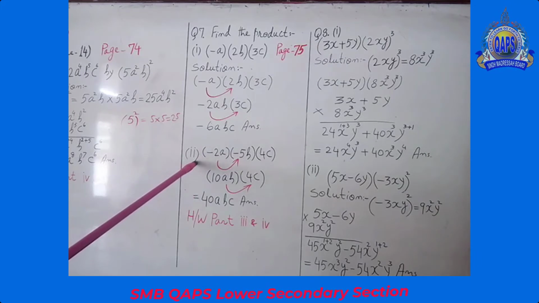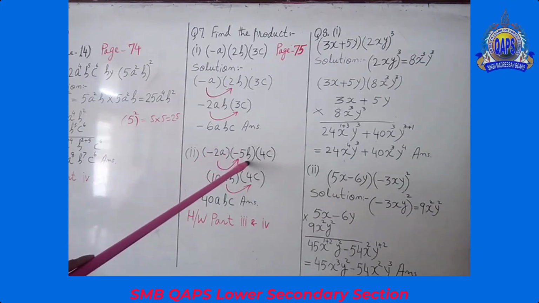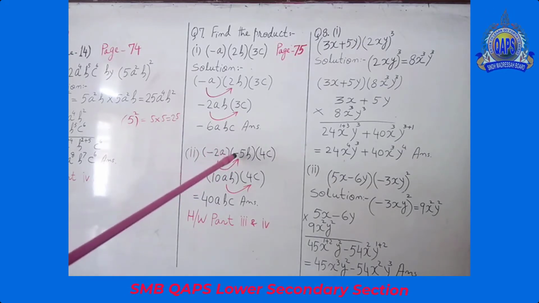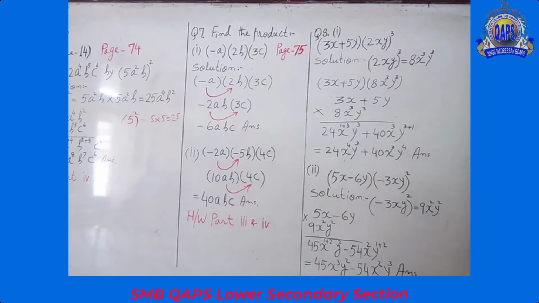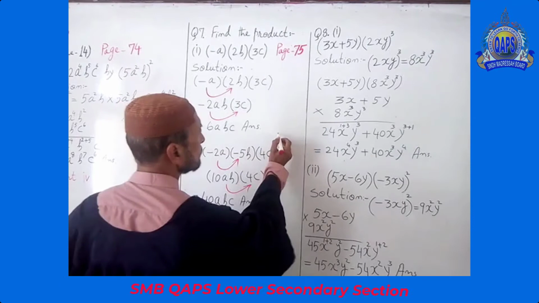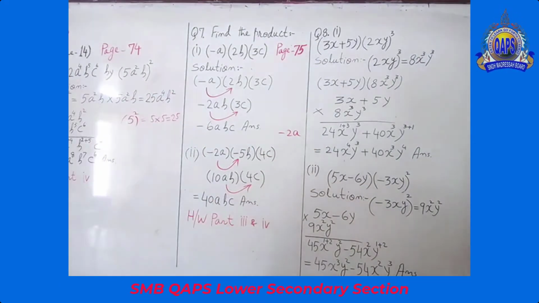Part number 2. Minus 2A into minus 5B into 4C. First of all, multiply minus 2A into minus 5B. When you multiply minus into minus, it will be plus. Understand what I am saying? Let me do it over here. You see, minus 2A into minus 5B.